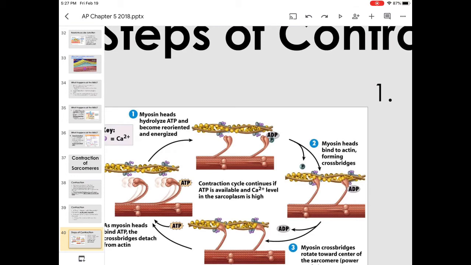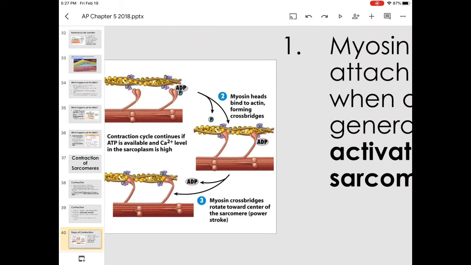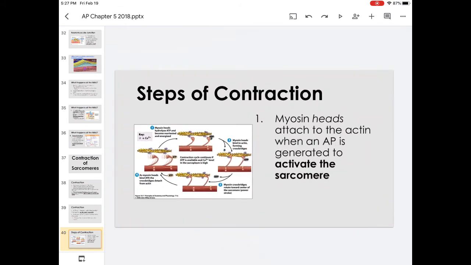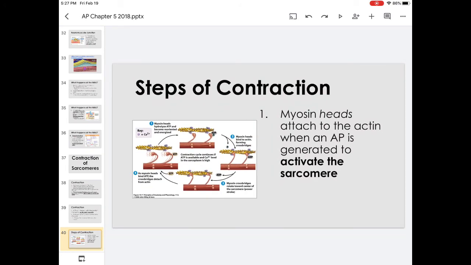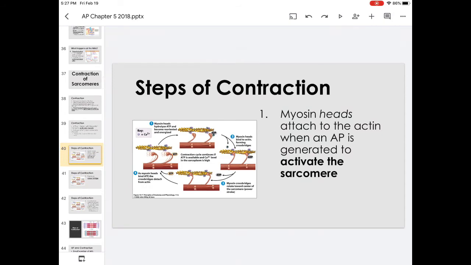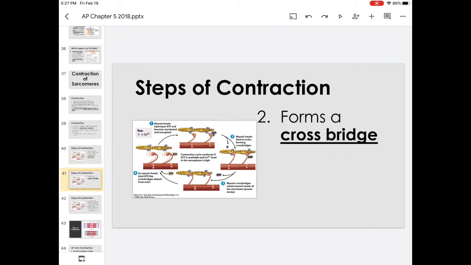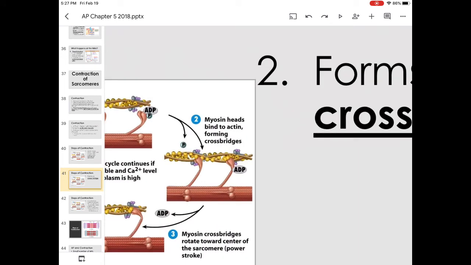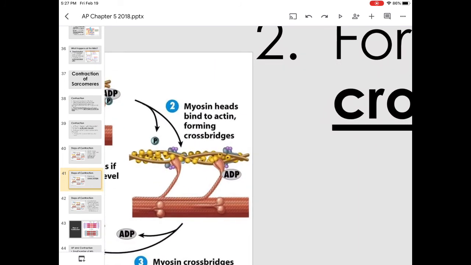So the myosin heads are going to attach to the actin. The actin is shown in yellow. Myosin heads, you can see, are in red. So the myosin head will attach to the actin when you have an action potential being stimulated. And this is what is going to activate the sarcomere to contract. So that is step 1.